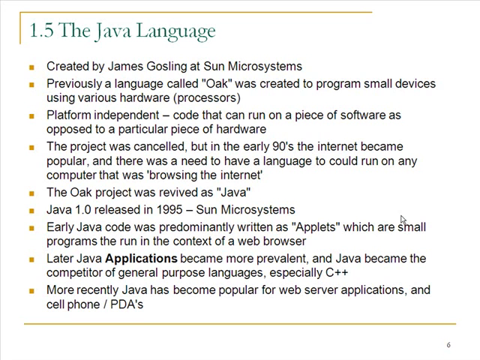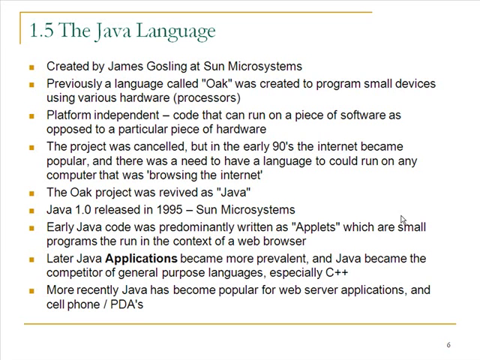People started using Java to write applications, which are programs that run on a machine, like any other program, like Microsoft Word or any program that you run on a machine. And this made Java a competitor of general purpose computer languages, especially C++.